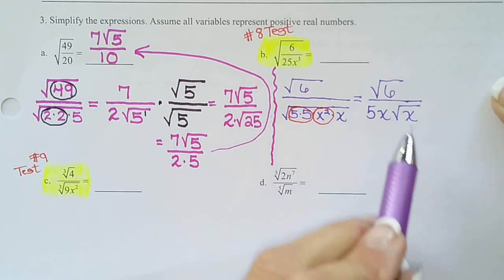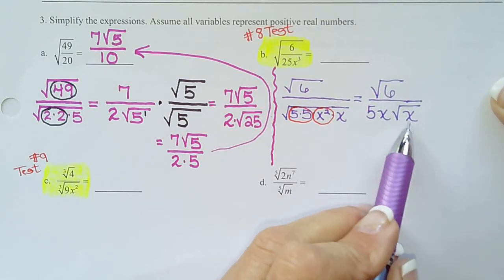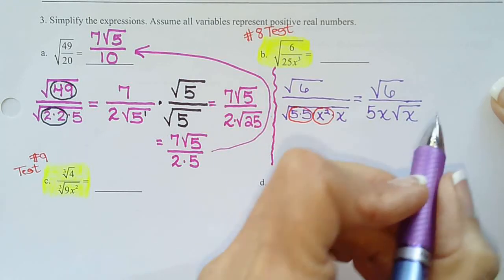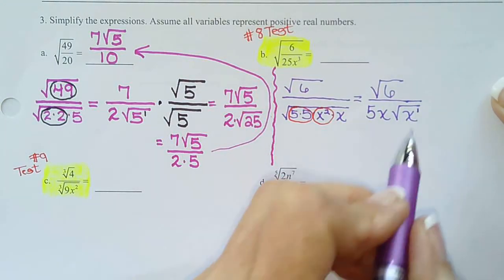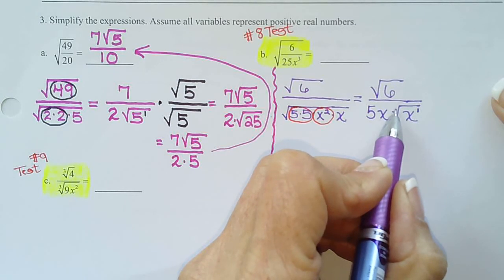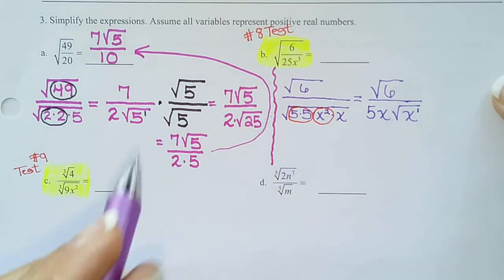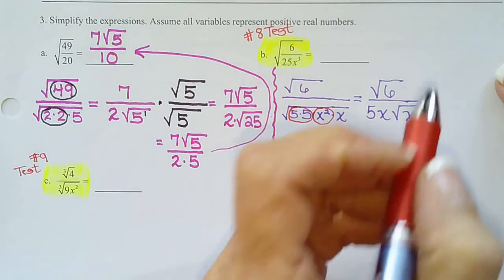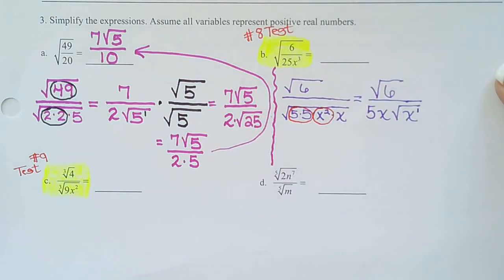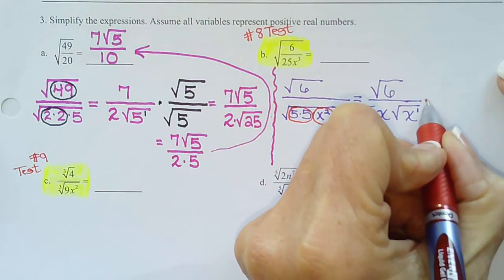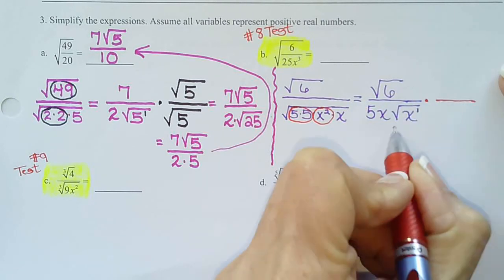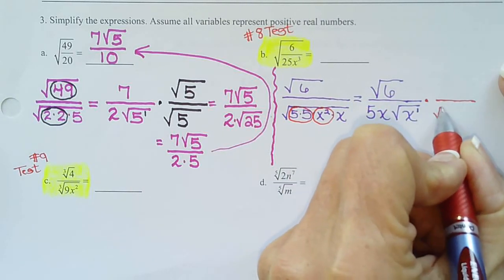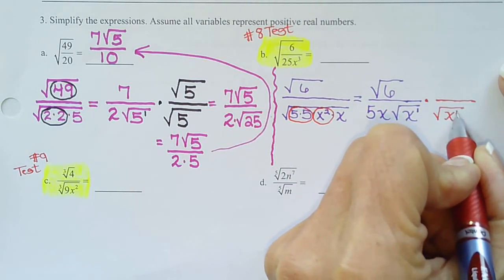So now we look and go, well, the 6 can't be broke down, but oh man, I can't leave that radical in the denominator. Right now I have 1x. In order to pop out of the radical, since it's a square root, I need 2 x's. So my missing radicand is 1 more x. So in order to get that to pop out, I need 2, so let's add in 1 more.